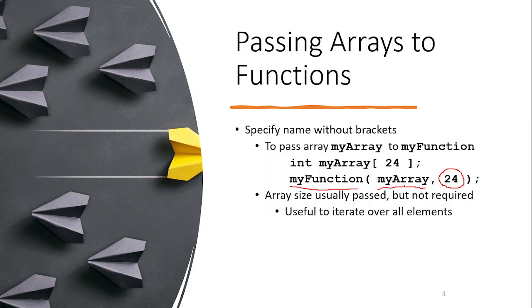But if we want to iterate over all the elements of the array, we need information about the size of this array, because if you just pass this array to my function, it does not carry the information about the size of the array or the number of elements in it. So in order to write code that is able to iterate over all the elements of the array, we need to pass the size of the array, or the number of elements in that array, as a separate argument to this function. So it is not required by the compiler or by the C++ language.